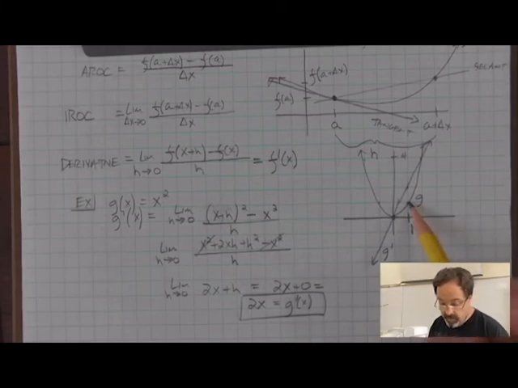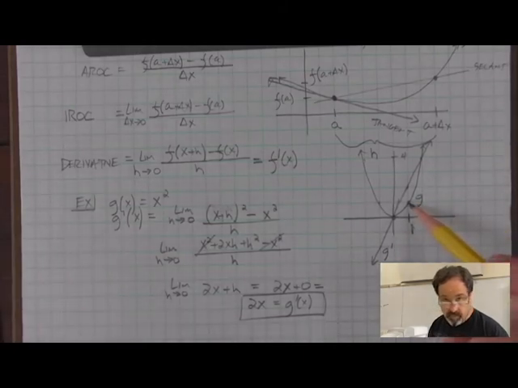But the rate of change at 1 is the value of the derivative of g at 1, which is 2. Meaning, if I drew a tangent line to this point, the slope of that tangent line would be 2.